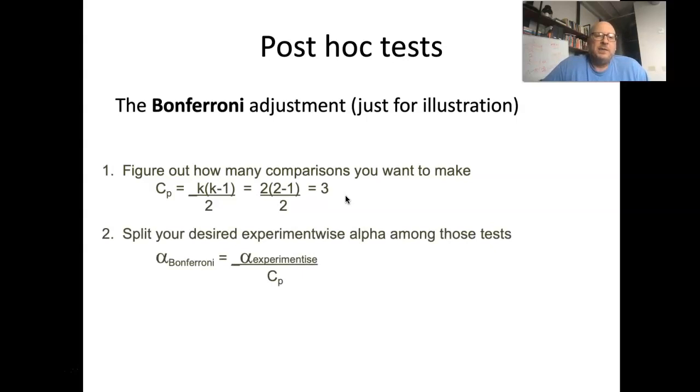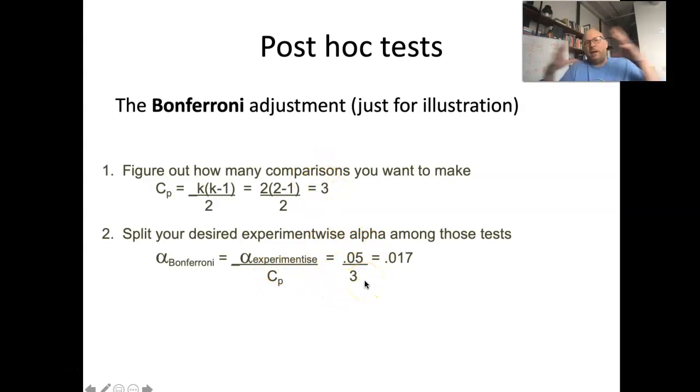All right, the next thing you do is you create an adjusted Bonferroni alpha. So you would say, I want my experiment to have an alpha of 0.05, and I want to do 3 comparisons, right? Because we want our alpha to be 0.05 and we want to make 3 comparisons.